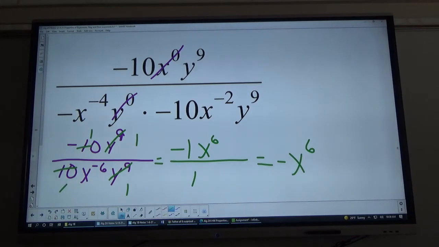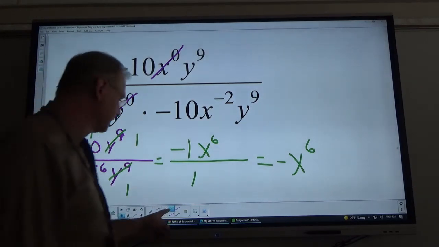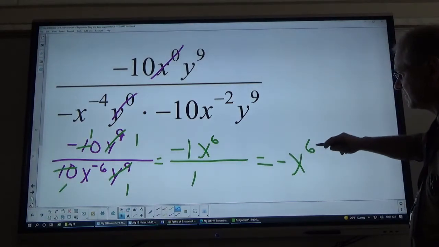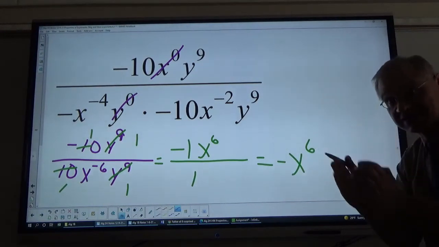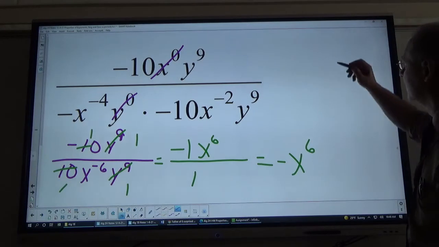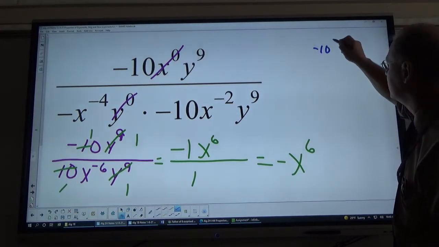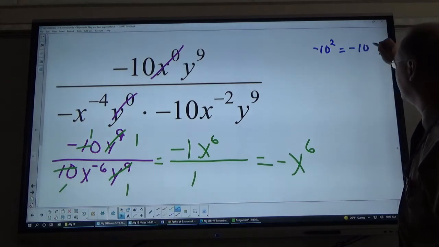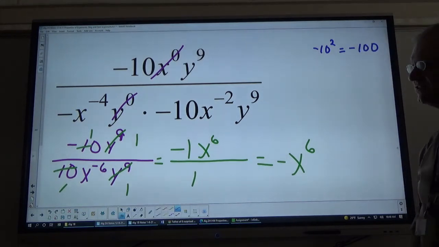All done. Notice there's a difference, by the way, between negative x to the 6 and negative x to the 6 in parentheses being squared. In fact, if I have negative 10 squared, that's equal to negative 100. A lot of people think it's positive. It's not.